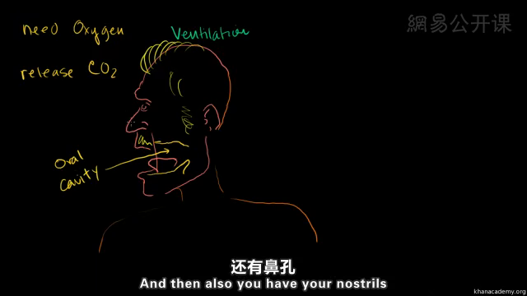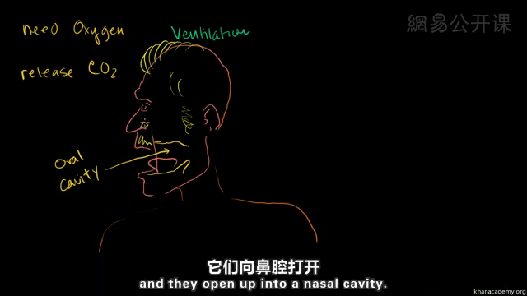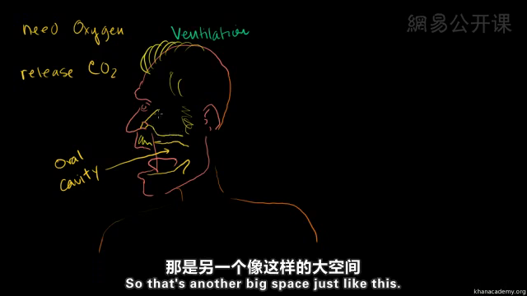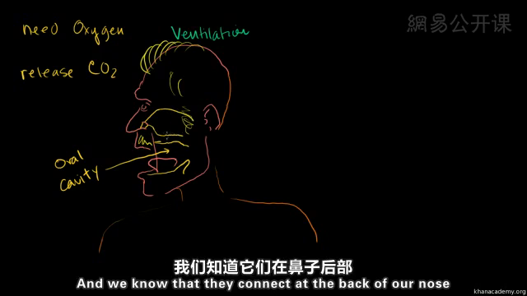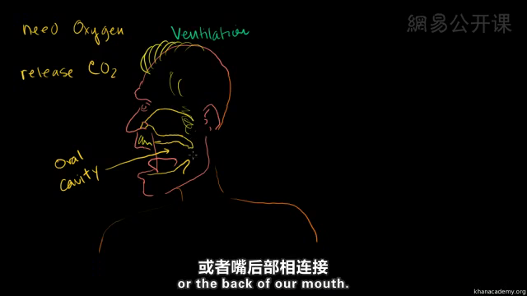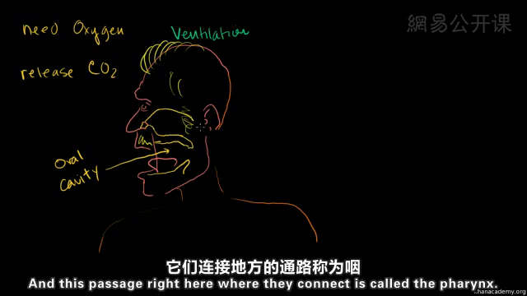And then also you have your nostrils, and they open up into a nasal cavity. So that's another big space just like this. And we know that they connect at the back of our nose or at the back of our mouth. And this passage right here, where they connect, is called the pharynx.